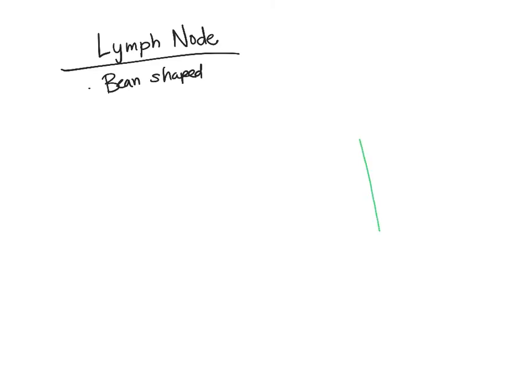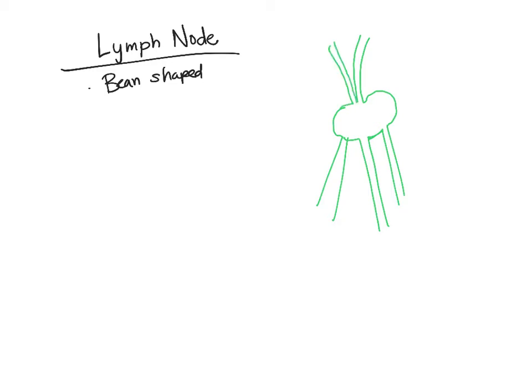So we have our lymphatic vessels going up, and then we have this bean-shaped structure. I'm going to draw several lymph vessels going into the structure here, and then we have lymph vessels that are leaving. So this right here is going to be the lymph node.